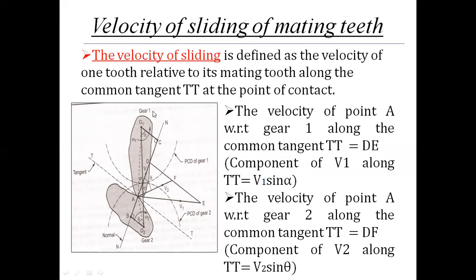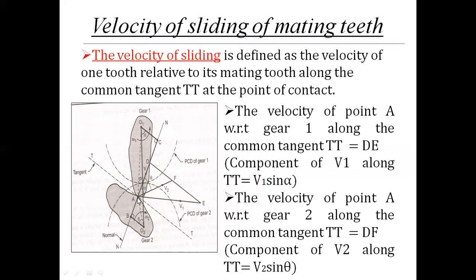Let this be gear 1 having center O1, rotating with uniform angular velocity omega 1 in the anti-clockwise direction. At the same time, gear 2 is meshed with the teeth of gear 1 and rotates with angular velocity omega 2, having center O2.